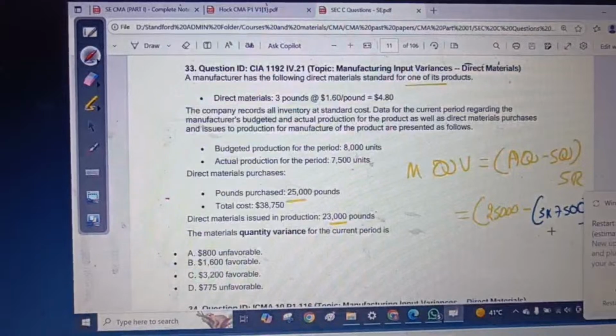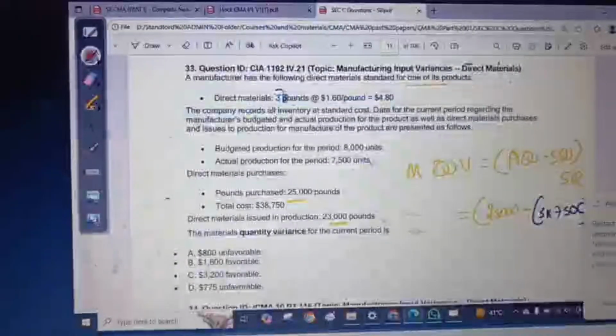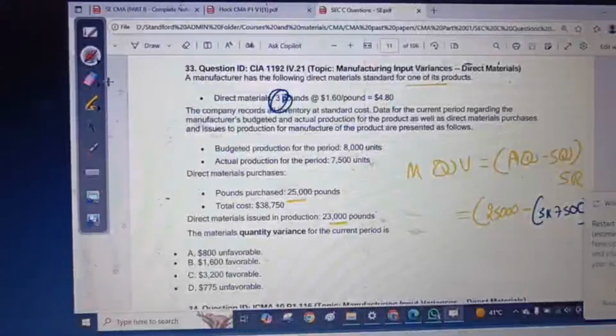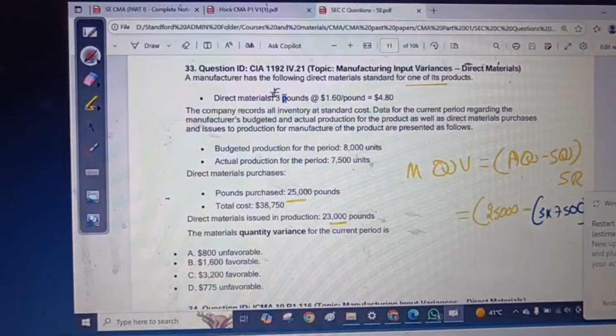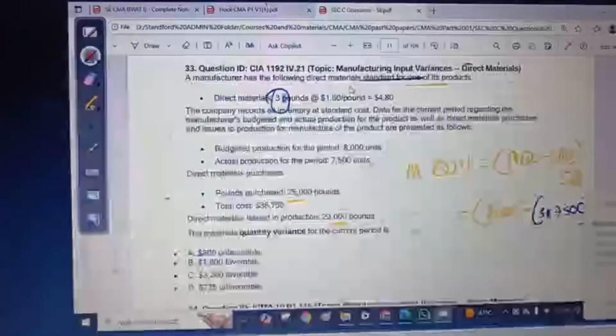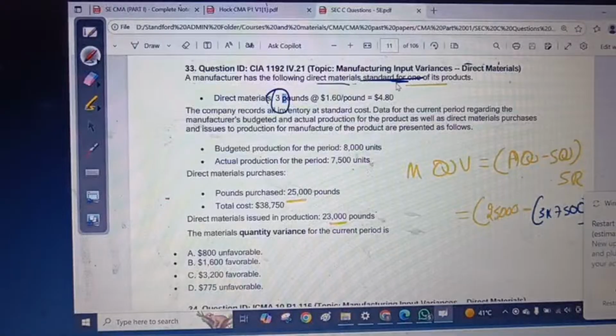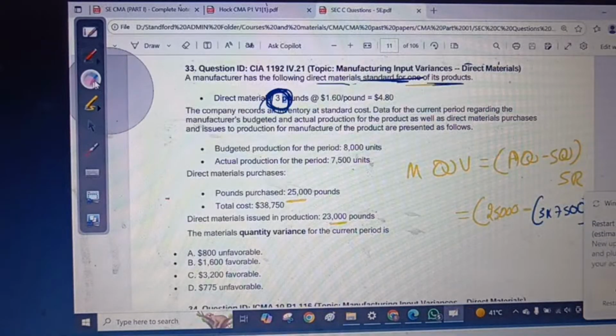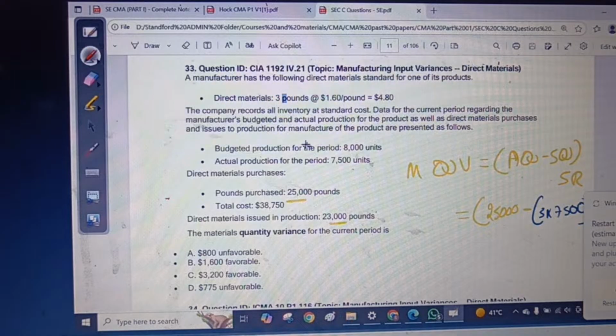How did I get this? The standard for one of its product is 3 pounds they are using. 3 pounds of that material is allowed for actual output. This is the actual output.